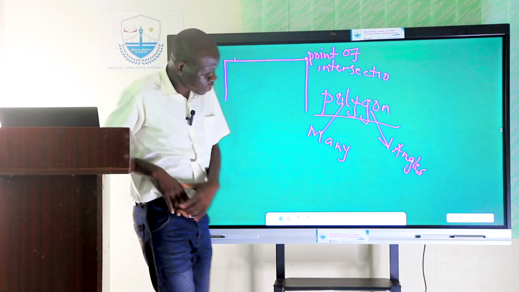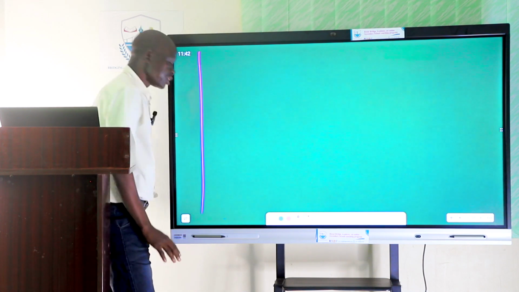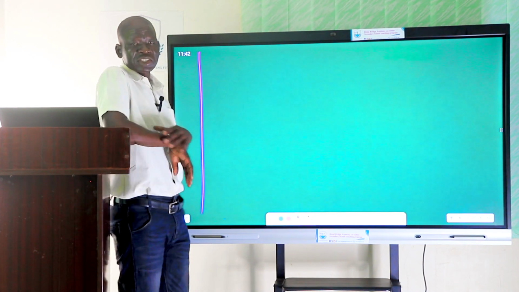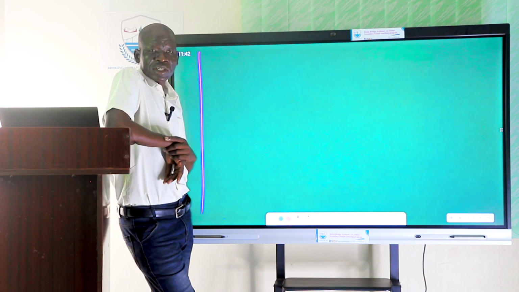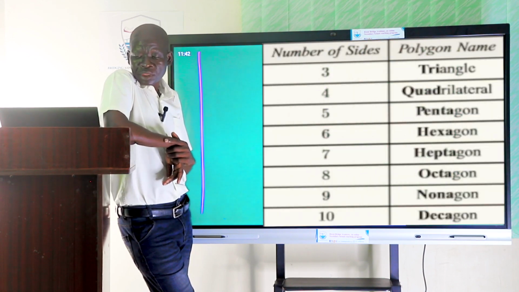We have different types of polygons. There are polygons with 3 sides. Others have 4 sides, others 5 sides, 6 sides, 7 sides, 8 sides, 9 sides, and so on and so forth.